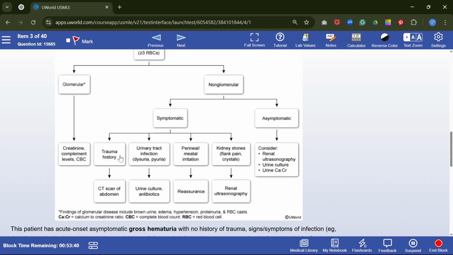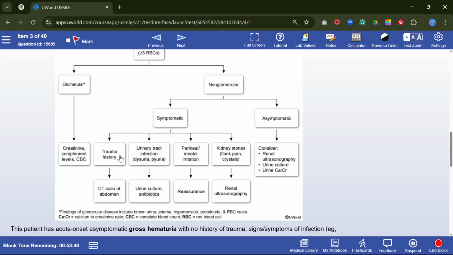If it is symptomatic, like trauma history, then CT scan of the abdomen. If UTI, dysuria, pyuria, then urine culture and antibiotics. Is it perineal or meatal irritation? Reassurance. Is it kidney stones, flank pain, crystals? Renal ultrasonography. And if it is asymptomatic, renal ultrasonography, urine culture, and urine calcium creatinine.